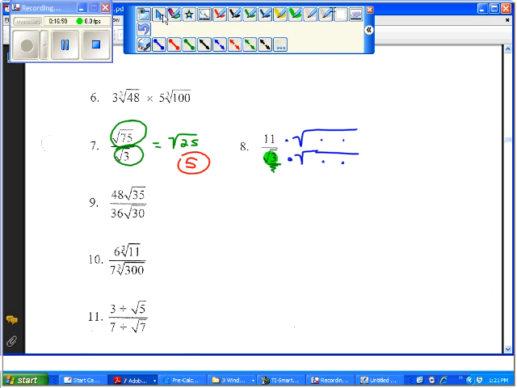In other words, I need a situation where I've got a pair of 3's that I can pop out so that there's nothing left under the radical. I need there to be all sets. Well, if I'm going to have a set of 2 3's, then what do I need to multiply by? 1 more 3, 2 more 3's? What do I need to multiply by?